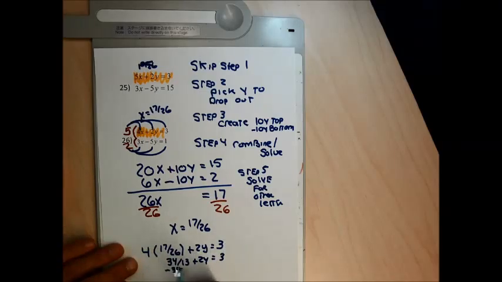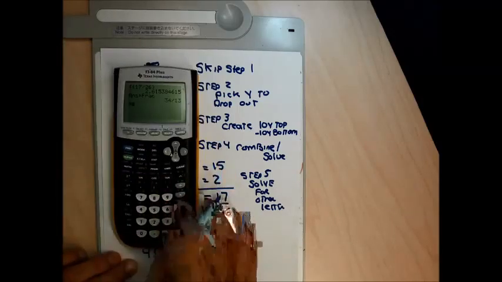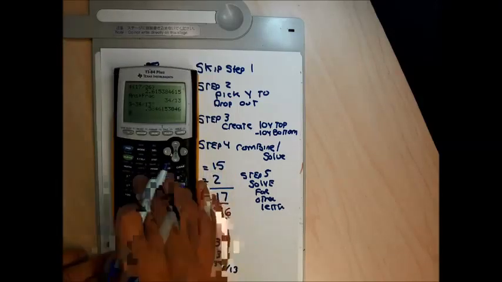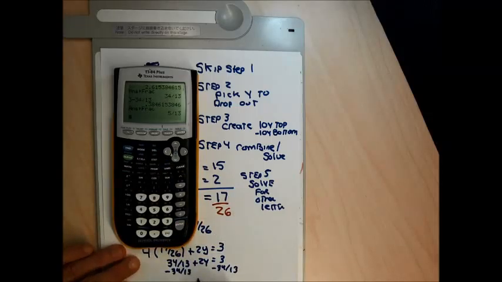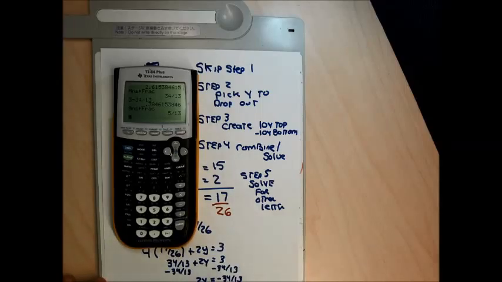Now I'm going to go minus 34 over 13 on both sides. So now I'm going to go 3 minus 34 divided by 13. Math, enter, enter. That's going to give me 2y equals, whoops, I was supposed to write 5 over 13 here.